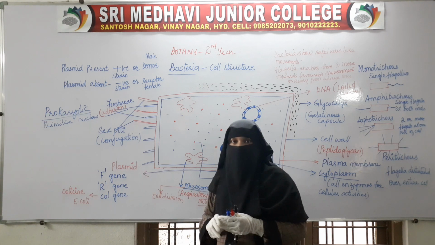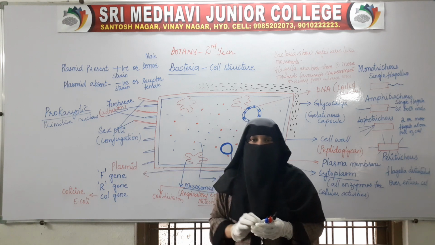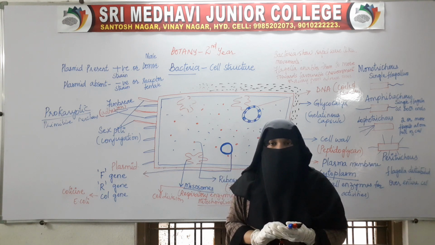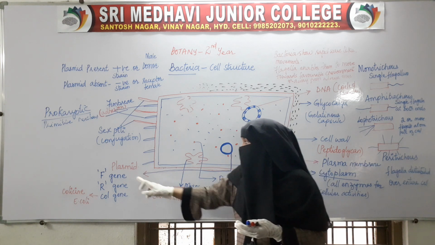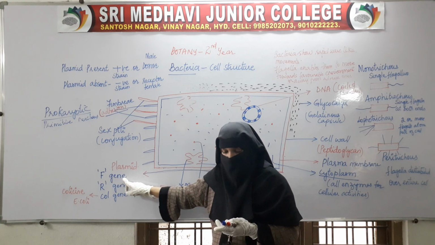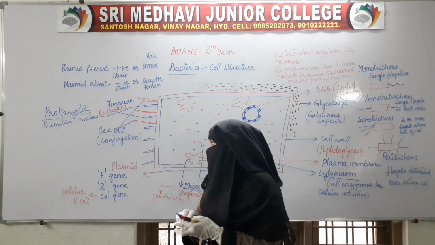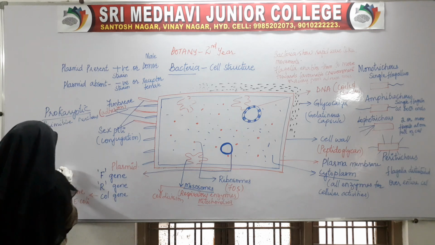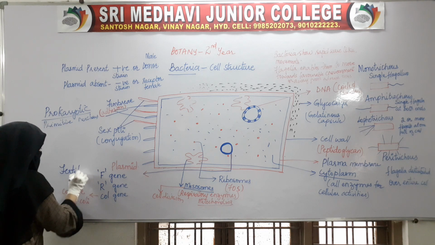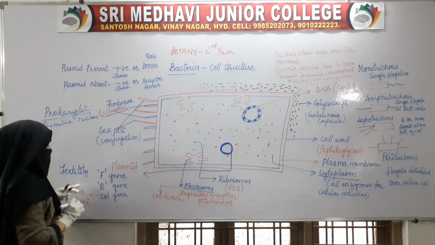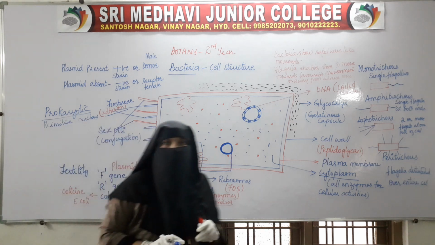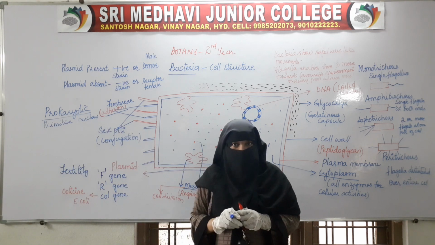This plasmid consists of 3 genes. One is the F gene. This F gene is also called the fertility gene.